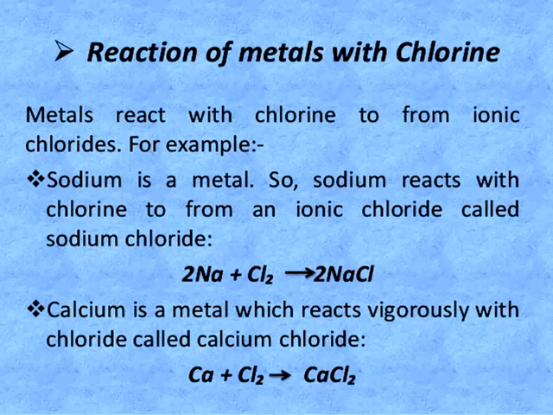The metal chlorides are usually solid. These have high melting and boiling points. When the solids dissolve in water to form a solution or get into molten state, then they are able to conduct electricity.